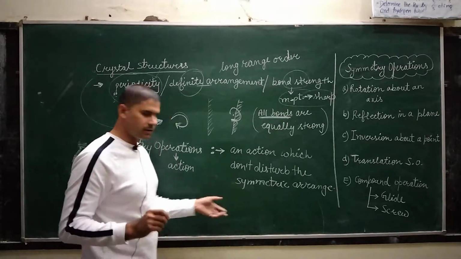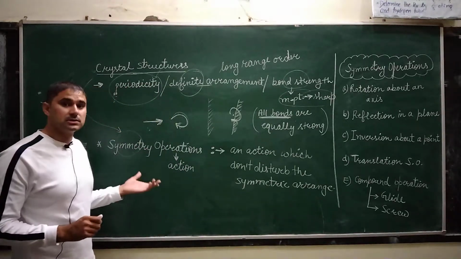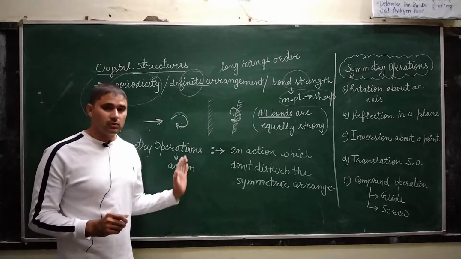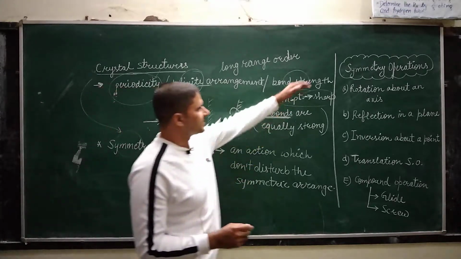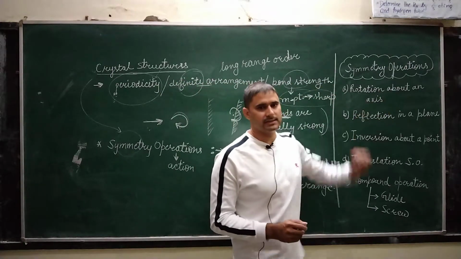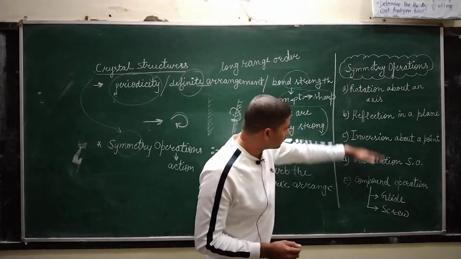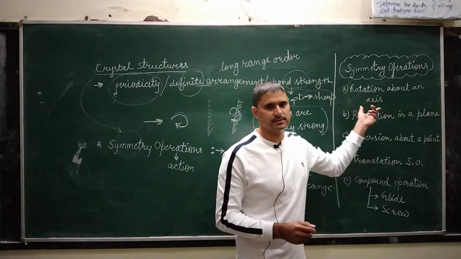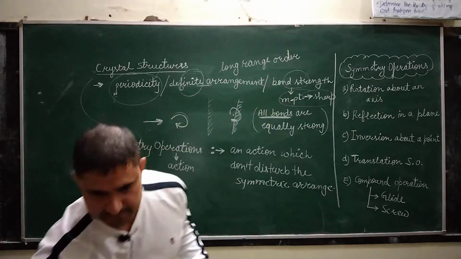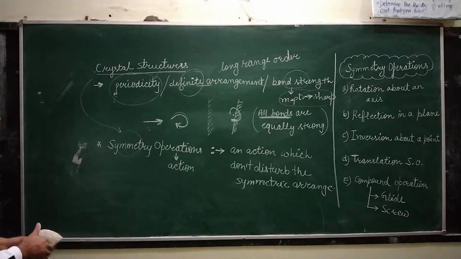Class, I have told you the same definition in different ways, all are correct. You can write of your choice. Then come to rotation about an axis. These are the types of symmetry operation. So the first one is rotation about an axis. We will see it.